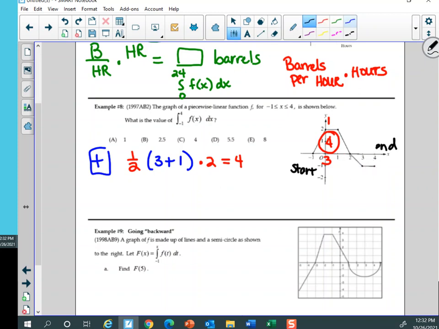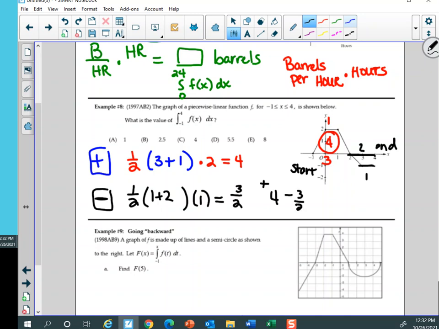My little negative guy here, I've got a half. His bases look like they're 1 and 2, and his vertical height is 1. So that's going to be 3 halves. So positive 4 and negative 3 halves is positive 5 halves, or 2.5.